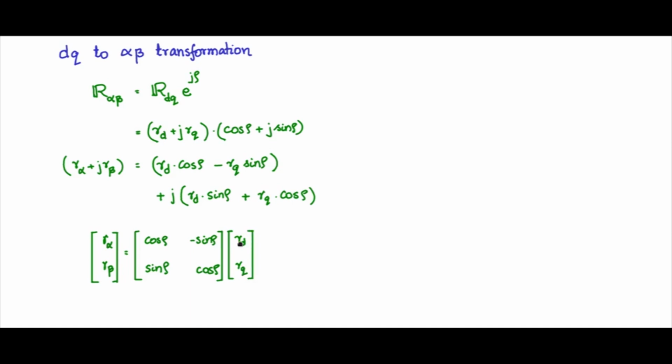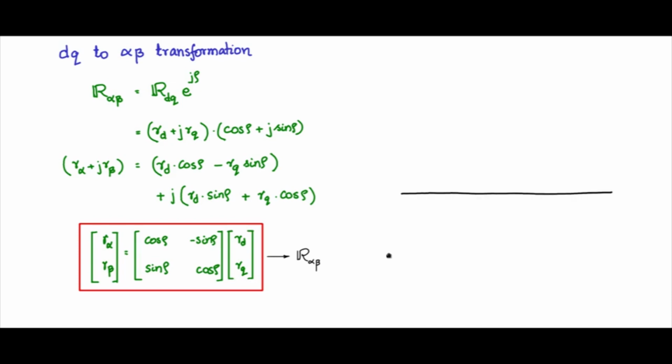So knowing RD, RQ, I can get R alpha, R beta using this transformation matrix. So this will provide you with a vector representation in the alpha beta coordinate system, knowing the vector representation in the DQ coordinate system.